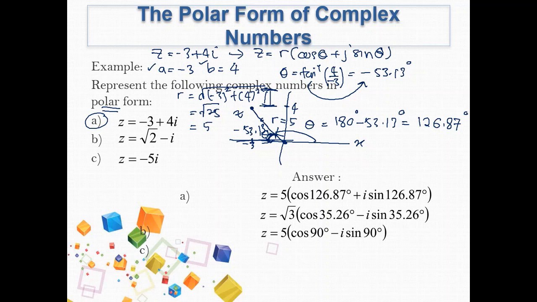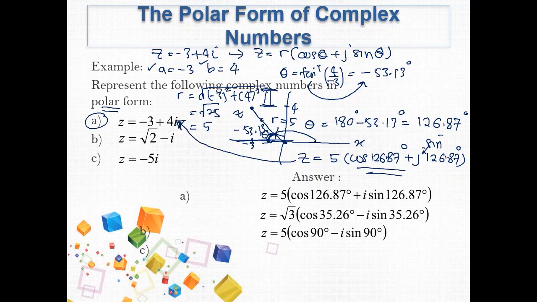This is the theta that you should write into polar form. So r is 5, so it is 5 cos 126.87 degree plus j sine 126.87 degree. This is the polar form of question A.